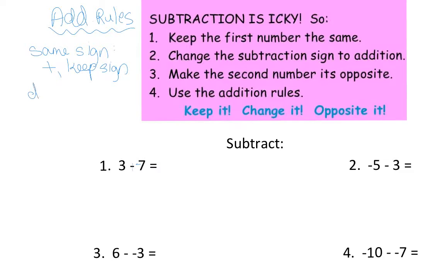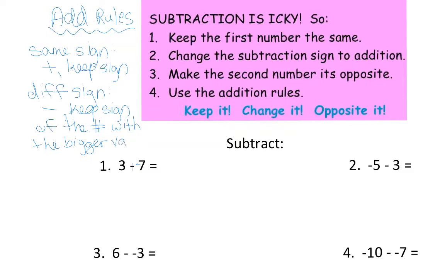If they have different signs, like a positive and a negative or a negative and a positive, then we subtract and we keep the sign of the number with the bigger value.